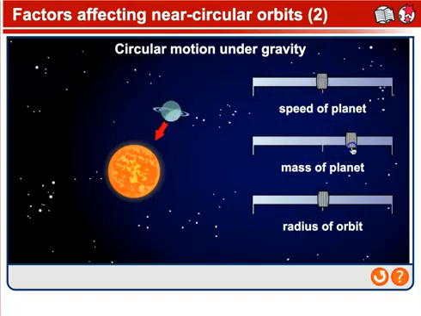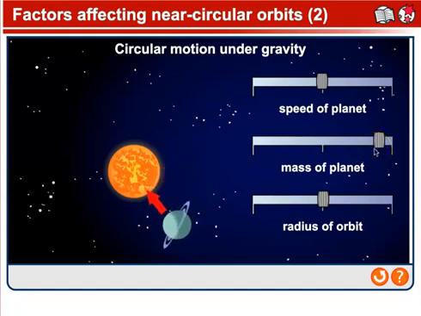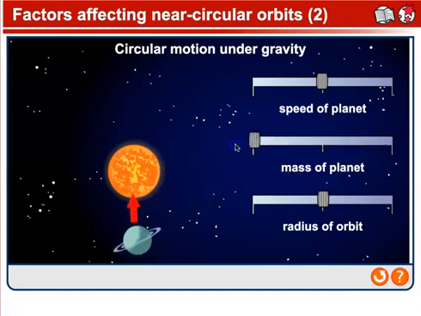What if we change the mass of the object? The radius and the speed do not change. What if we reduce the mass of the object? Again, nothing changes as far as speed and radius.